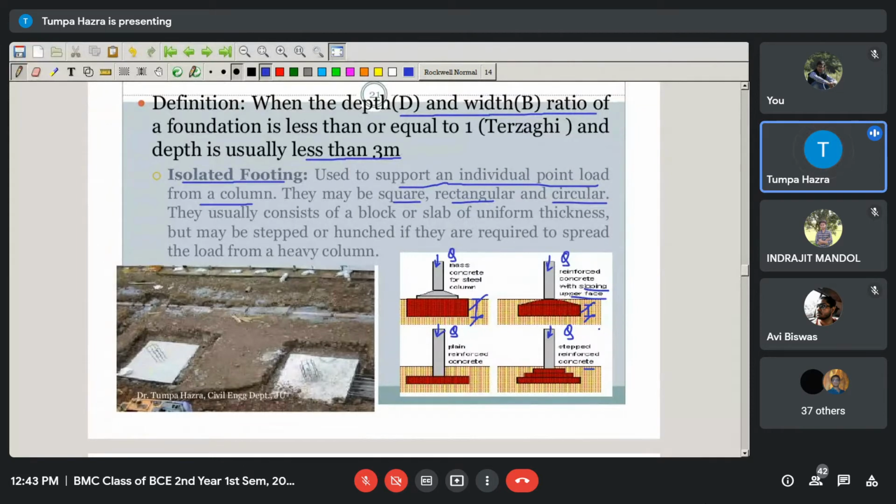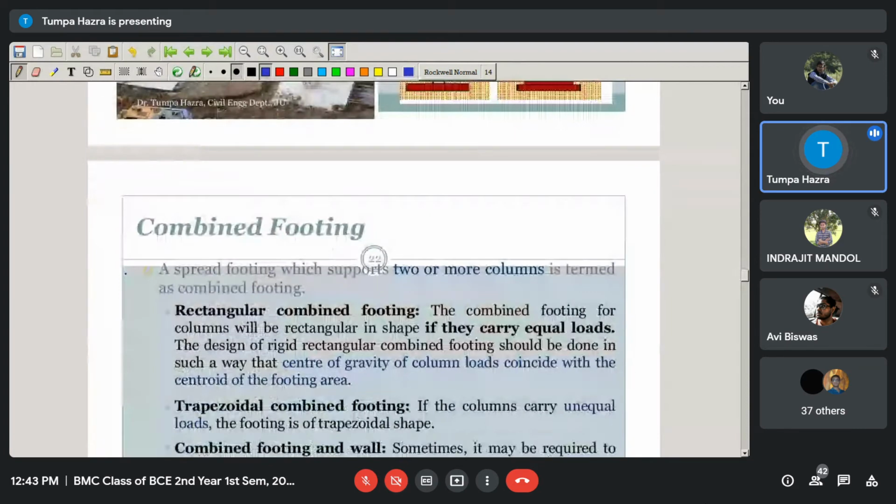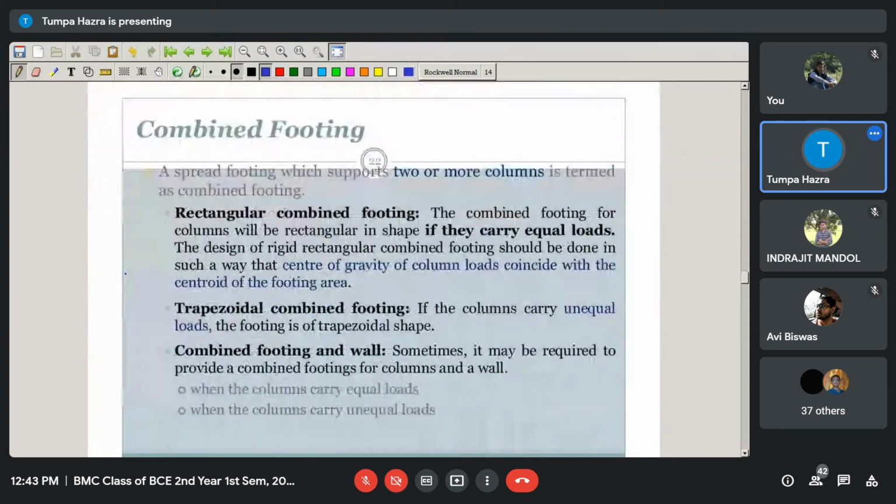These are examples of the isolated footing to carry the load of a single column to the soil. These types of footings are generally used whenever the load is not very excessive and the bearing capacity of the soil is high. Now, the second one is the combined footing.